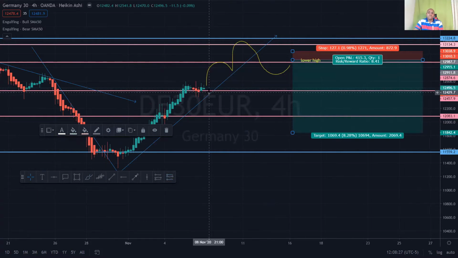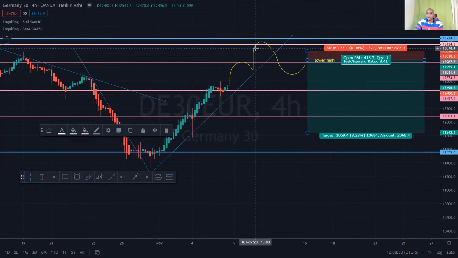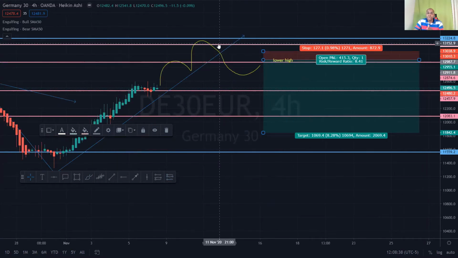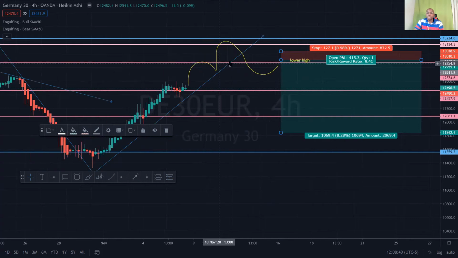So first, we're going to look to go in this uptrend to capture it, to go to about this minor resistance, 13134.3. Once it breaks the trend line, you're going to wait on the basics of trading to confirm. And once you get that lower high, we're going to start to go in for a sell.